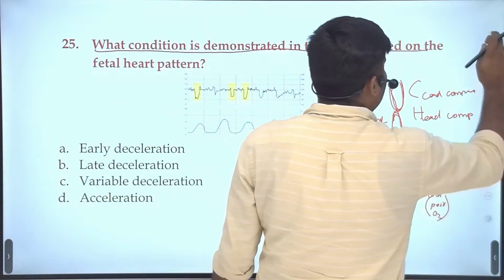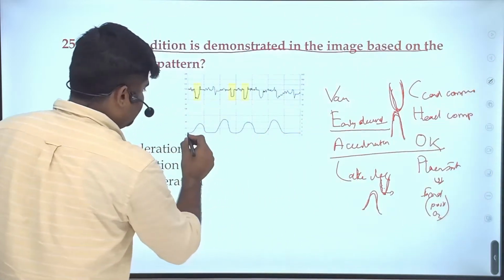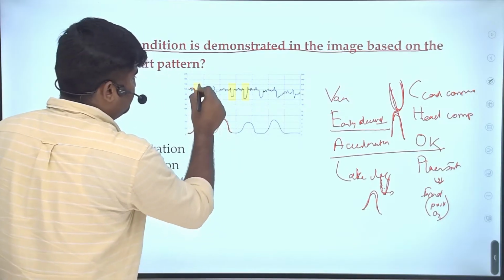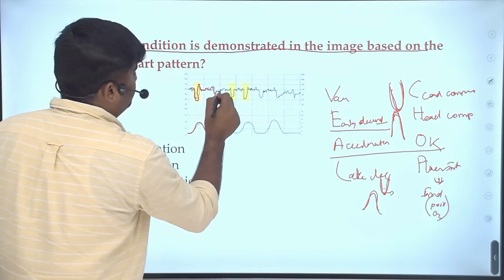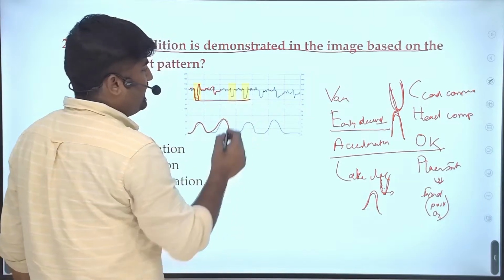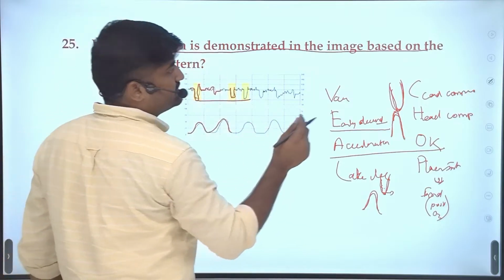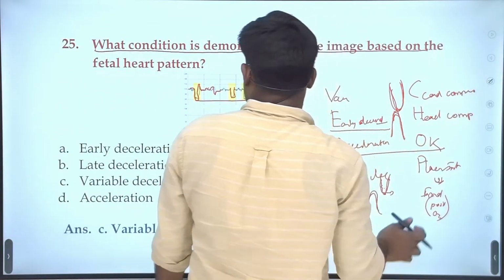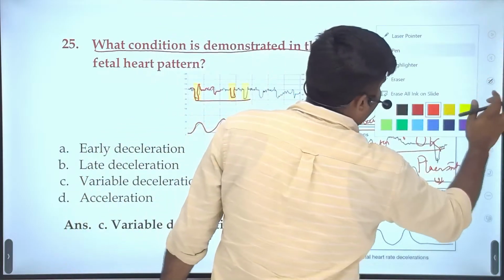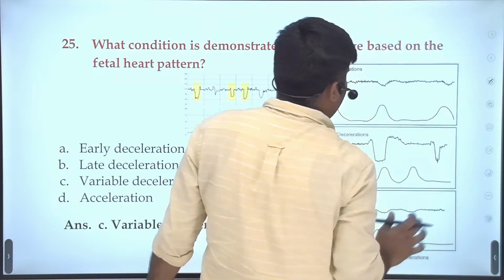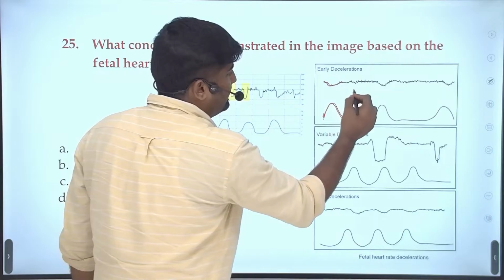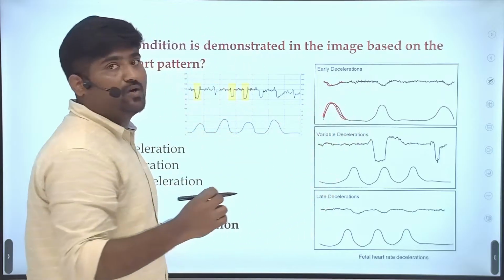Acceleration, no need of doing anything. You can see this is the uterine contraction. There will be variable deceleration: sudden increase and decrease, without any particular pattern, W shaped we can see. In early deceleration, there is decrease in fetal heart rate when there is an increased uterine contraction.